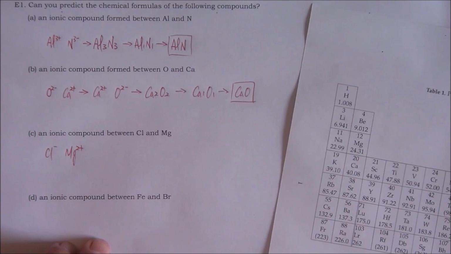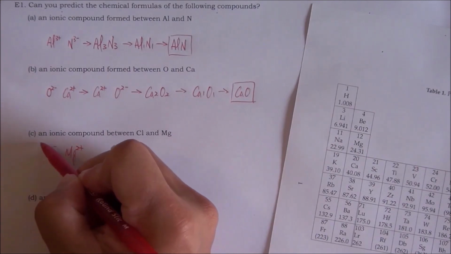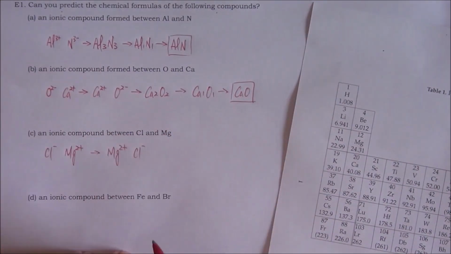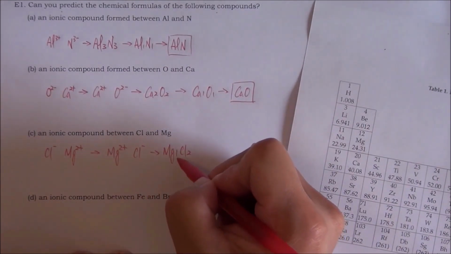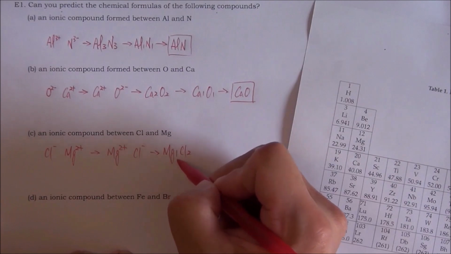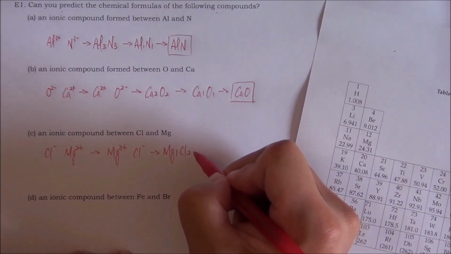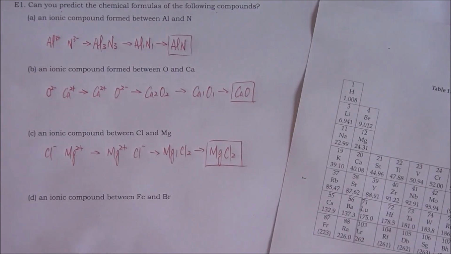The rule says when you write down the chemical formula of an ionic compound, you put the cation in front of the anion. Then we need to switch the two numbers. And the rule says if the number at the bottom right corner of the element is 1, we have to omit that number. This will be our final answer for problem C.